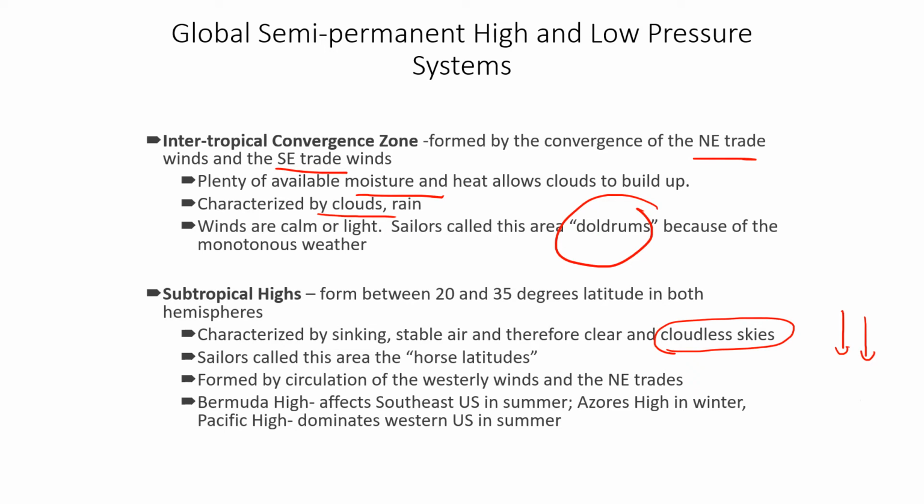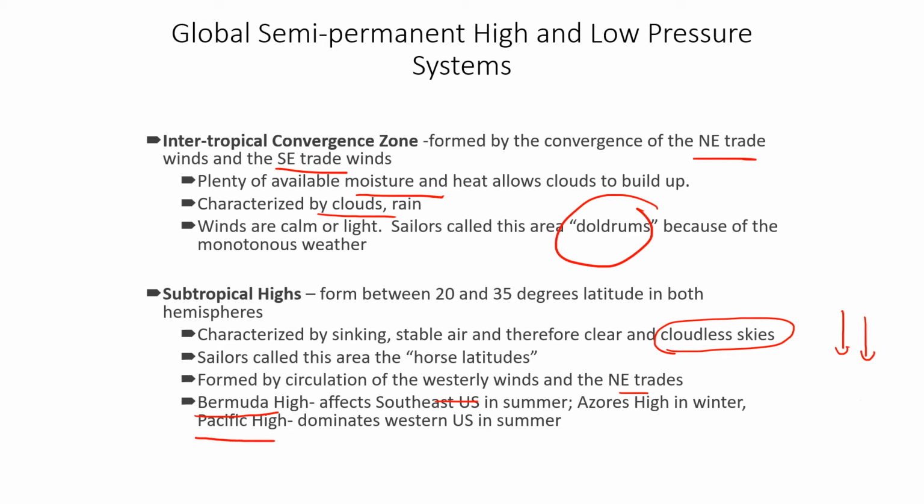And these are formed by the circulation of the westerlies and the northeast trades. So clockwise motion. Now, the one that impacts the eastern side of North America is the Bermuda High. The one that impacts us here in the western part of North America is the Pacific High.